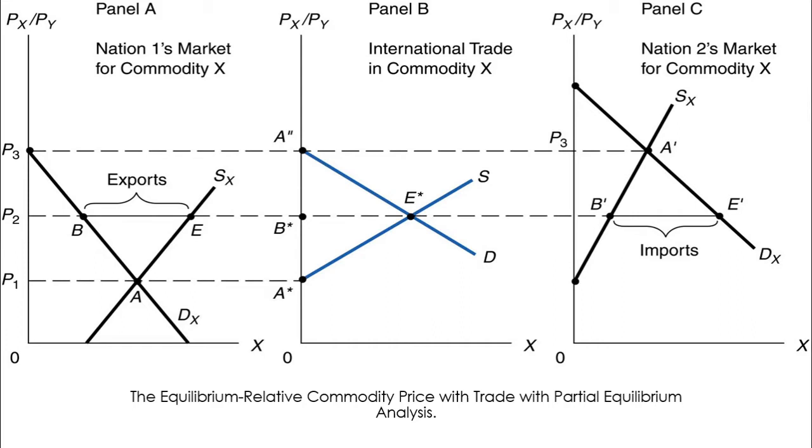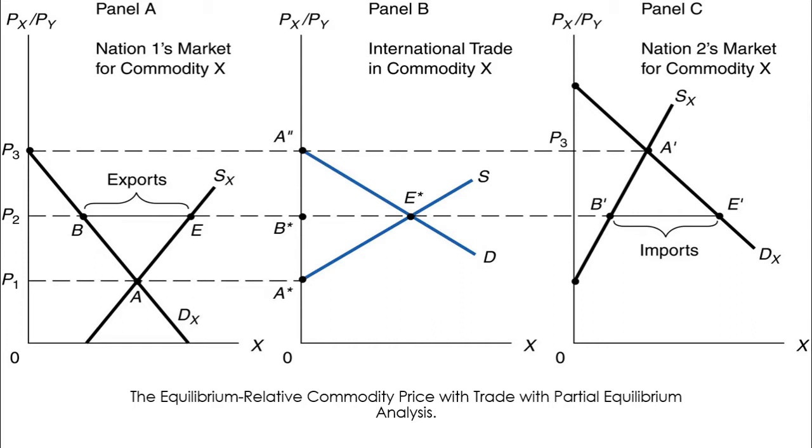When price is equal to P2, export of nation 1 is equal to the import of nation 2, and at the international market there is equilibrium and P2 is the equilibrium price.